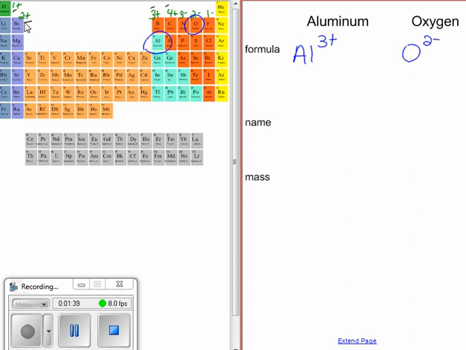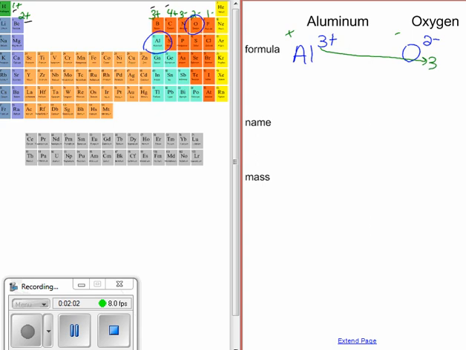Okay, then the next step you take is you're going to crisscross these numbers. Well, I'm going to back up a little bit. The first thing you should do is always make sure that your positive ion is first, and in this case, aluminum is positive and oxygen is negative, so they are in the order that they should be. And then I'm going to crisscross the numbers, and when I do that, I also drop the sign off.